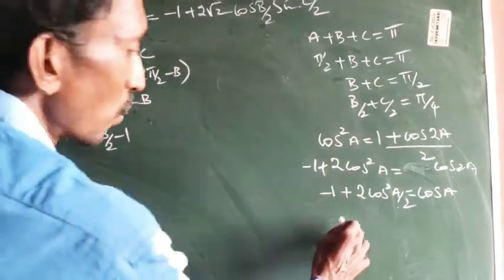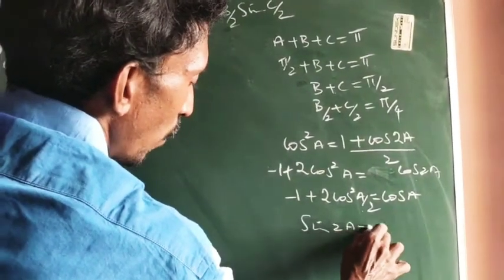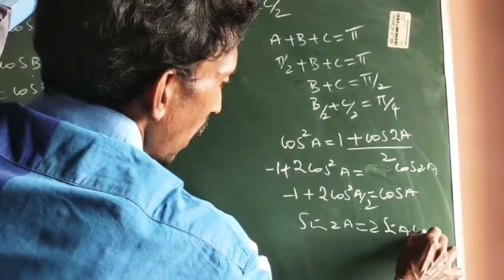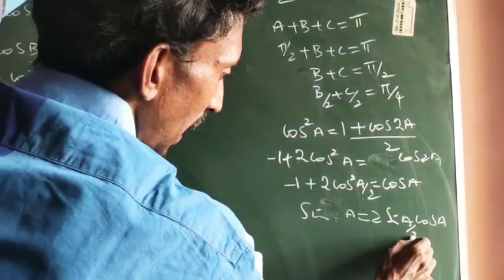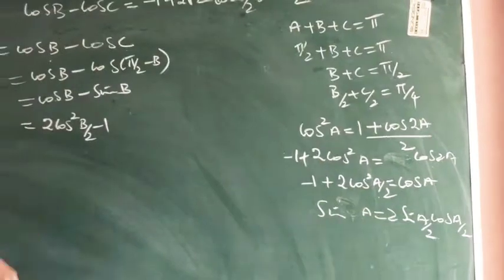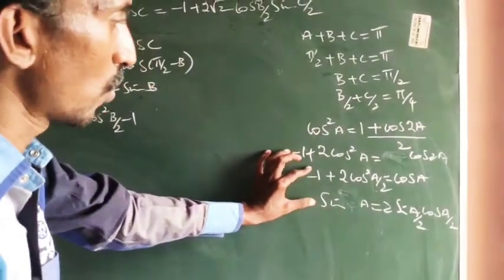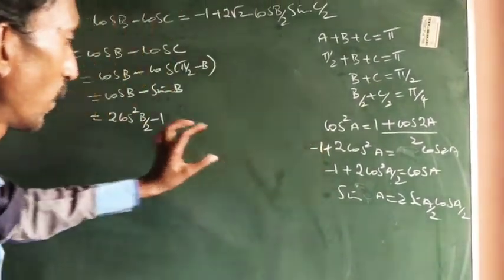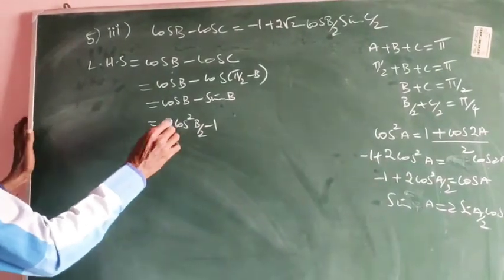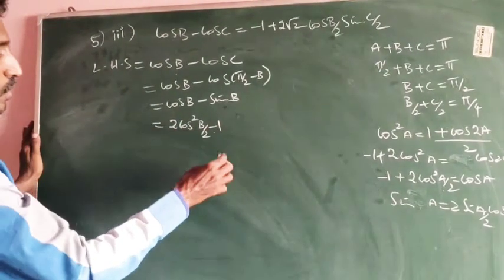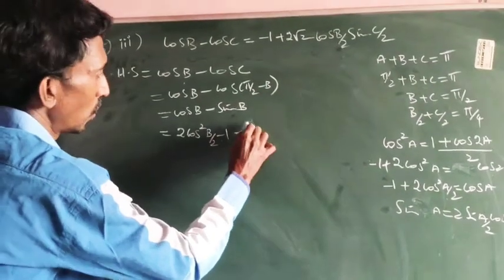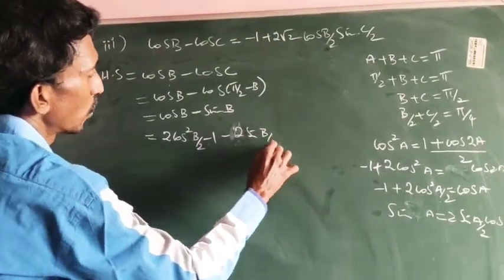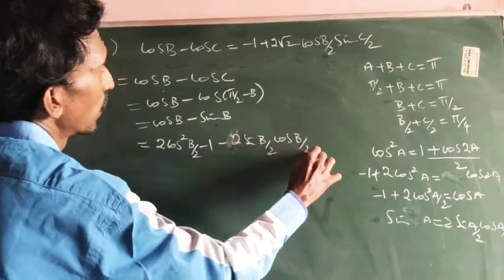Similarly, the sin 2A formula, we know that is 2 sin A cos A. But here A, so A means sin A is 2 sin A by 2 cos A by 2. So remember these two half angle identities, we are going to use them here. So 2 cos square B by 2 minus 1 minus 2 sin B by 2 cos B by 2.